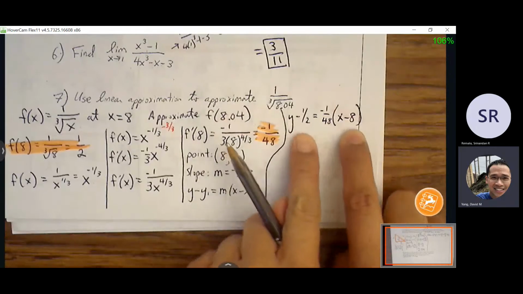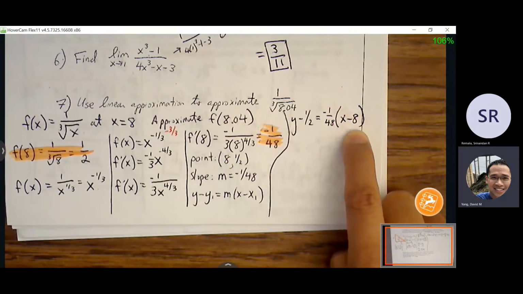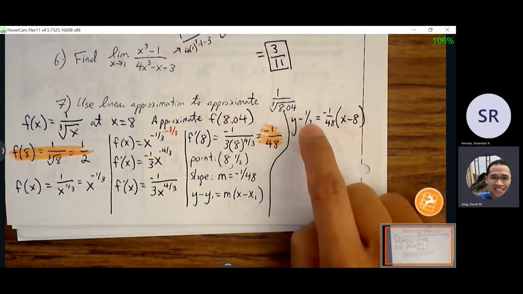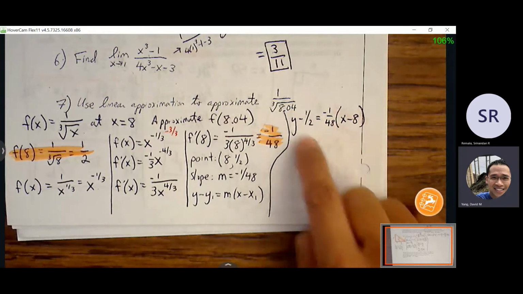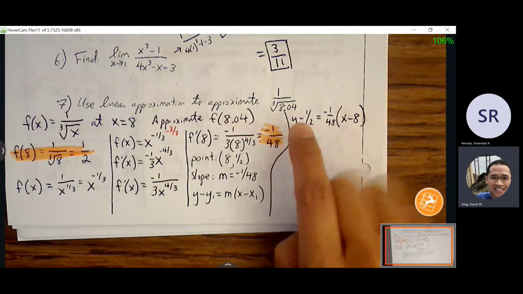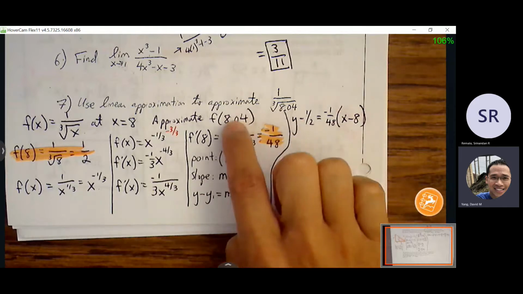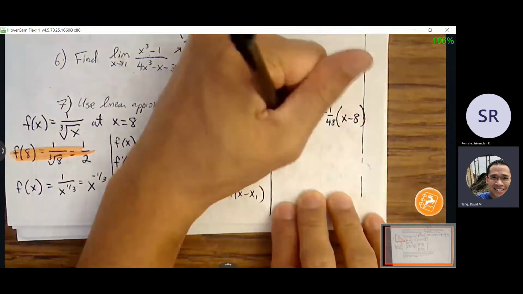Okay, any questions getting to this tangent line equation? I'll do a slight adjustment here. I'm just going to move that 1/2 over to the right side, get y by itself, and then our final step, I'll work in that 8.04.